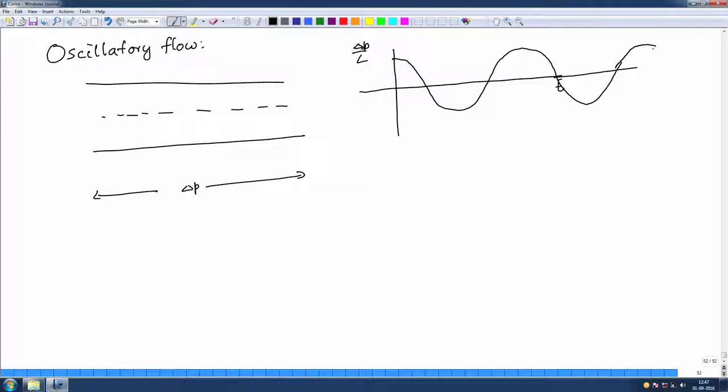So, I will approximate delta p by L as some constant k times cos of omega t, where the time period is 2 pi by omega. Omega is the frequency of the oscillation.